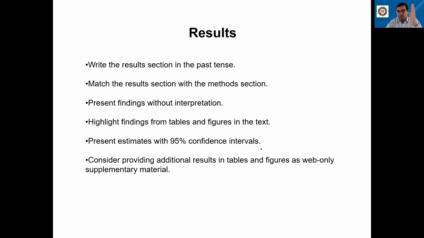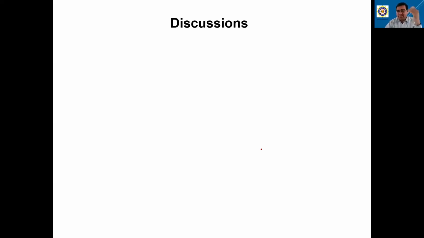Even if you find something not that important from the content point of view, you can represent that as a supplementary file. You can add as many supplementary files as you like.